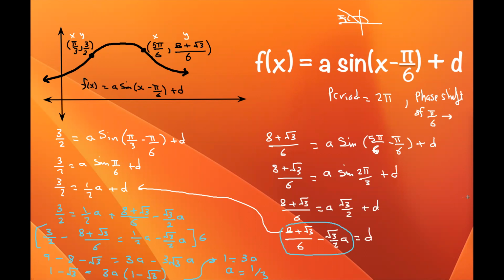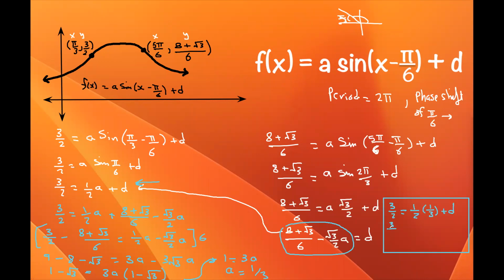Now, once we found A, we need to find D. So I'm just gonna make a little square here, find the D in it. So I'm gonna go to this equation right here, 3/2 equals 1/2 A, and A is 1/3, plus D. So that's 1/6.